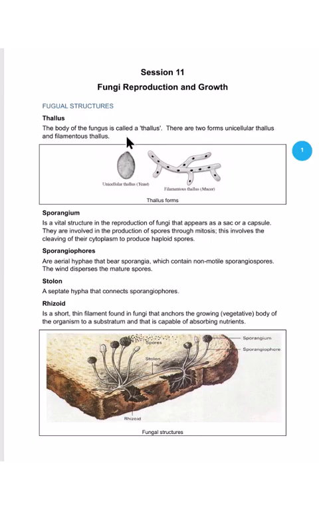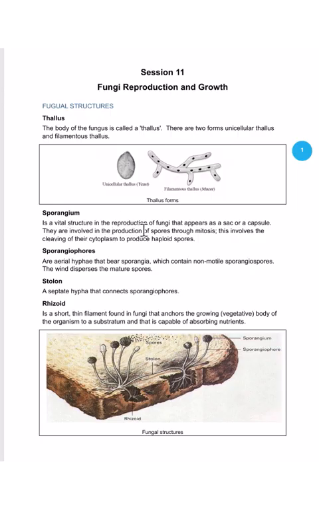Unicellular is an example of the yeast fungi, and filamentous thallus is the example of mucor, which contains hyphae, and we talked about this before, that contains two types of hyphae, reproductive and vegetative hyphae. So the whole body of a fungus is called thallus, and it has two forms: unicellular, example yeast, and filamentous thallus, example mucor.